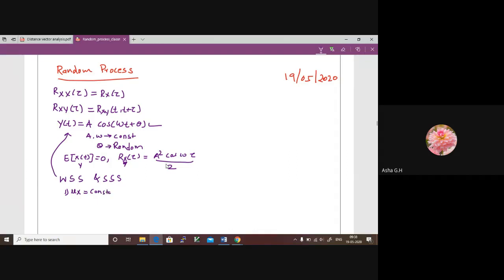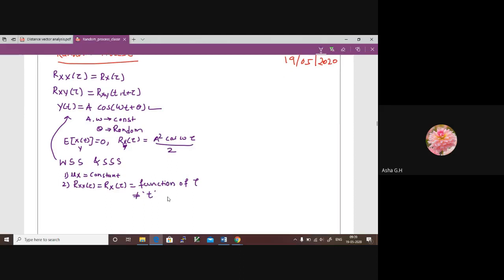We got 0 in our case. And the autocorrelation function Rxx of tau should be a function of time lag tau. It should not be a function of time t.